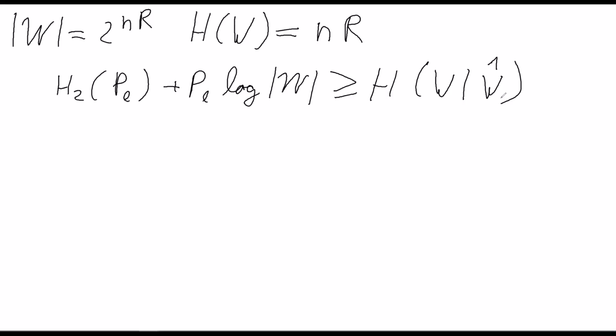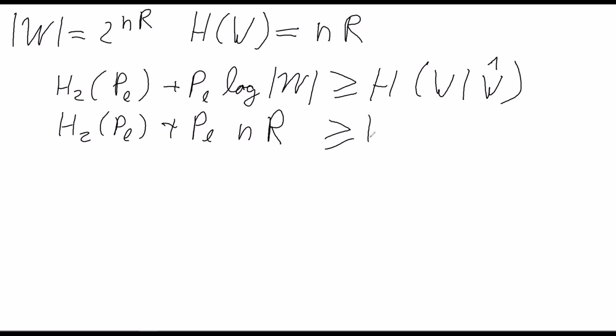Now we know that this cardinality of W is 2^(nR), so we can insert n times R. So we have h_2 of the error probability plus P_E times n times R. Now we write it a little bit more complicated, as the entropy of W minus the mutual information of W and W hat.